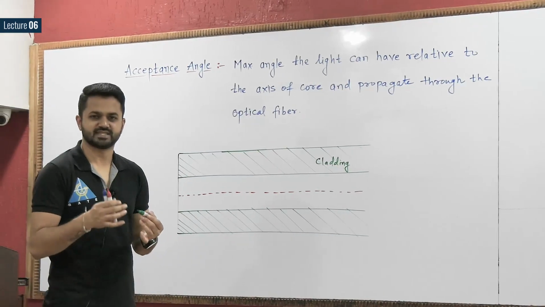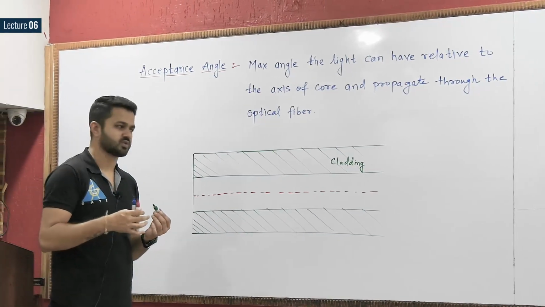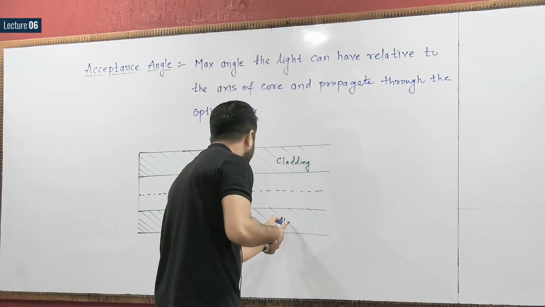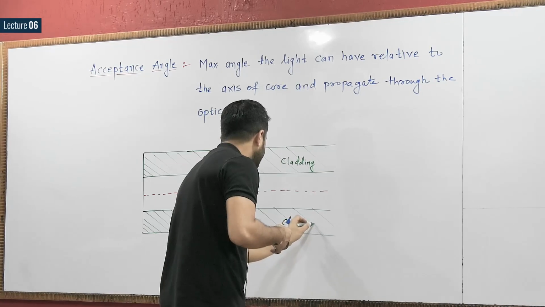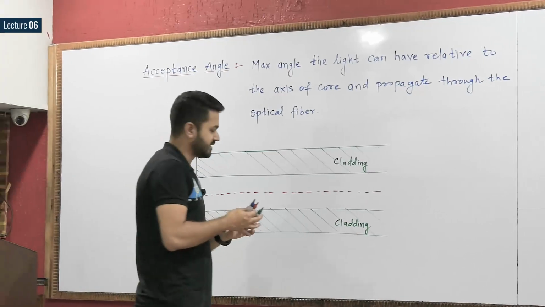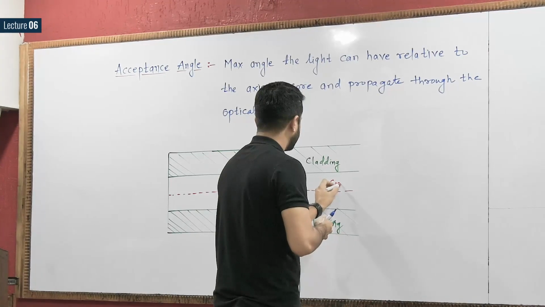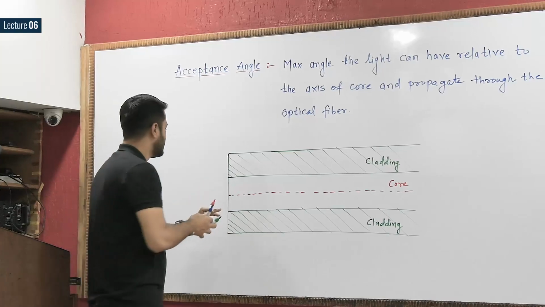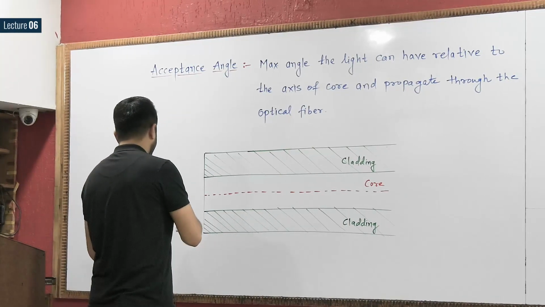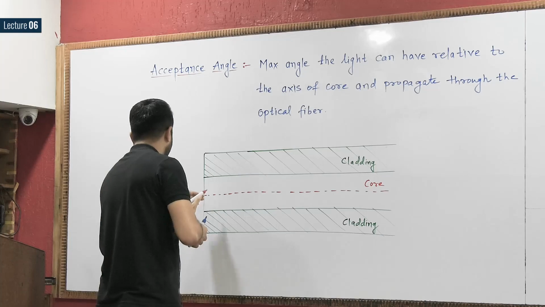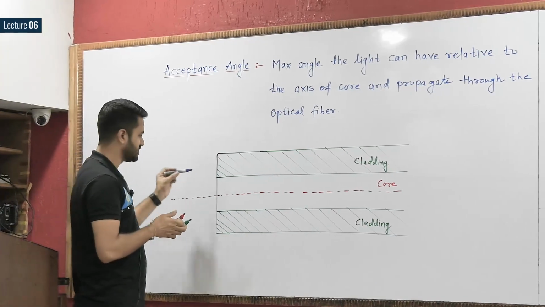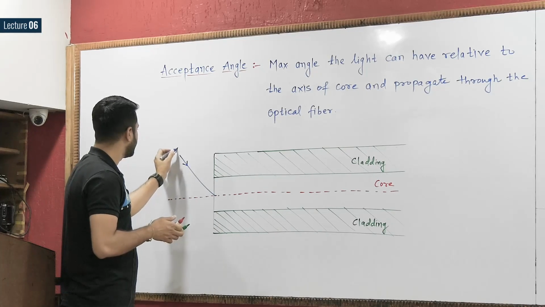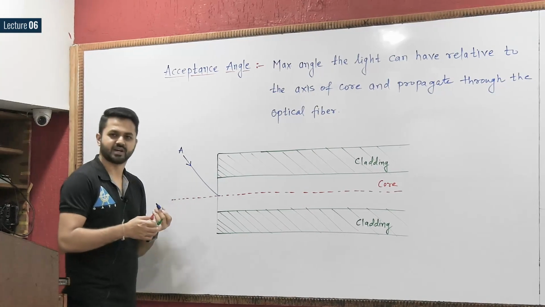We know that it has three concentric cylinders: the core, then the cladding, and the buffer jacket. So this part which I have hatched is called the cladding, this is the core axis, and the cross section is the core. Now suppose a light, say A, is incident on the optical fiber.